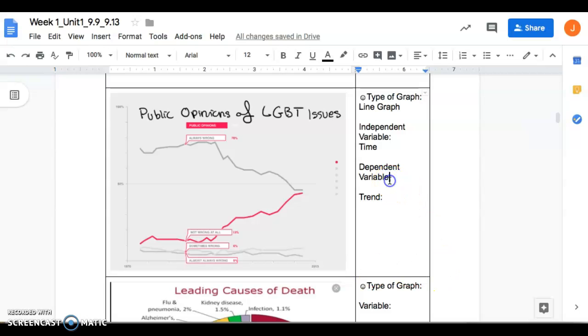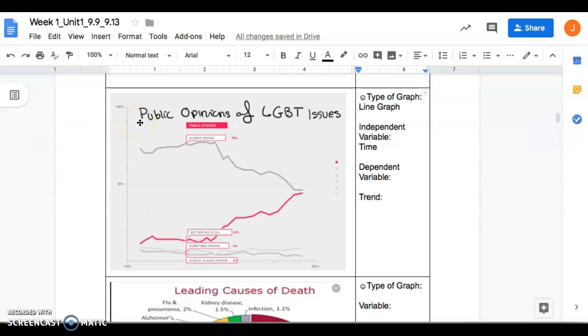The dependent variable. Again, the y-axis is not labeled. I don't know why they do this, but the lines are labeled. So that's another way that you can look for the dependent variable. Over time, what are they looking for? I see that the lines are labeled always wrong, not wrong at all, sometimes wrong, and almost always wrong. I still don't know exactly what they're talking about until I look at the title.